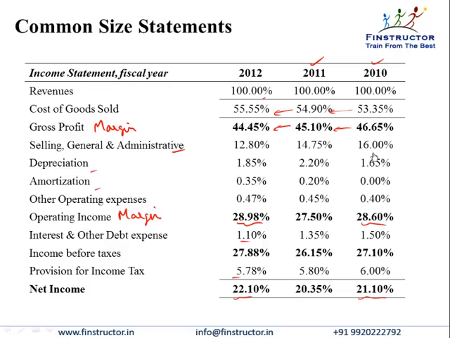So selling, general and administrative cost, as we see in this example, has come down significantly, which is what has resulted in good margins sustaining. Like with every ratio, as we'll see, we have to compare these margins with the industry level and with other companies before we can make any general judgment about the company or about the margins.